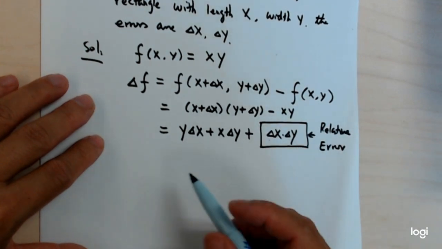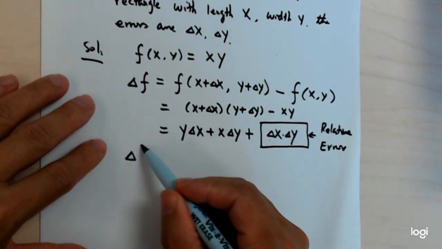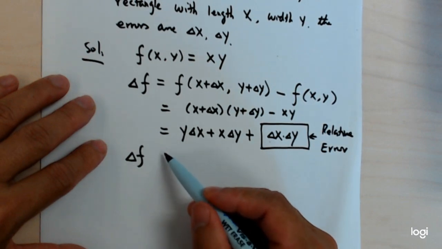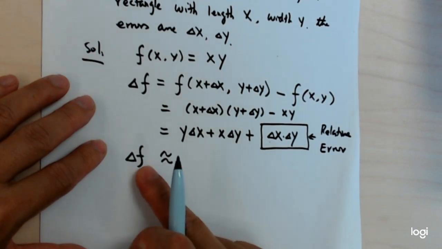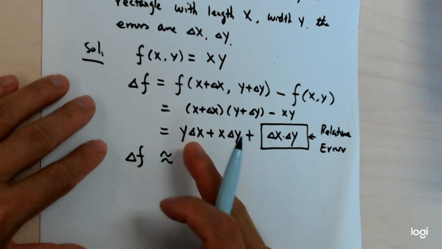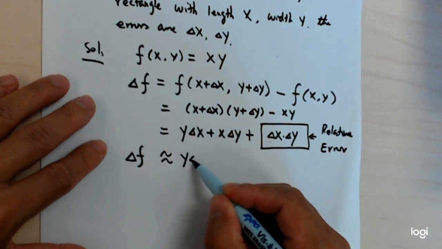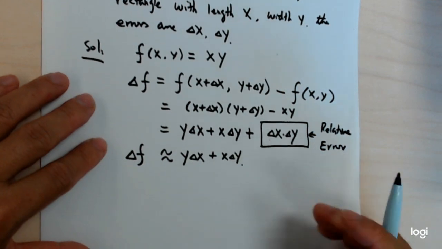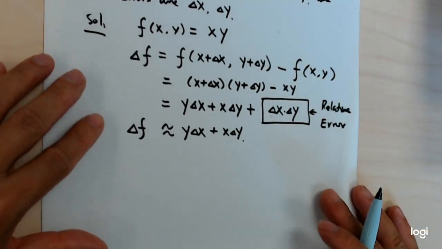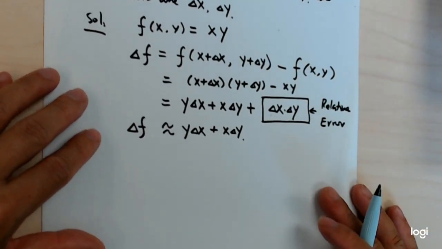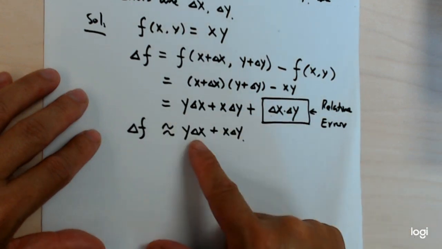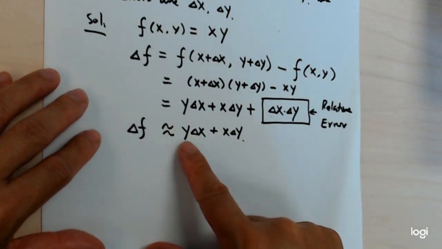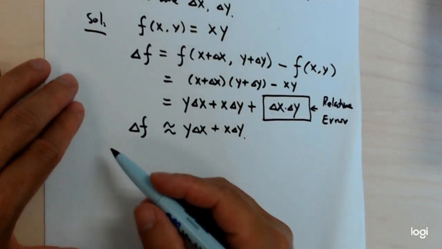So delta f can be approximated by the linear part. This is the actual error, but we can probably approximate it with this term.